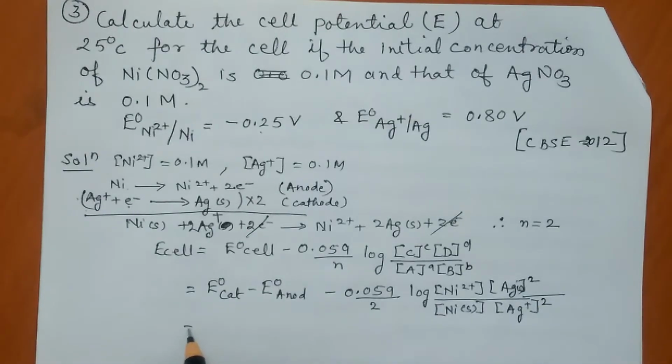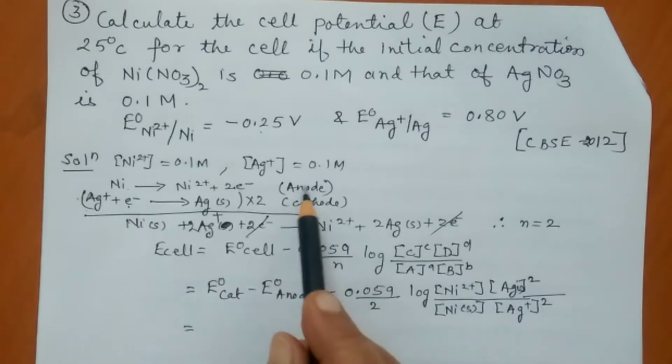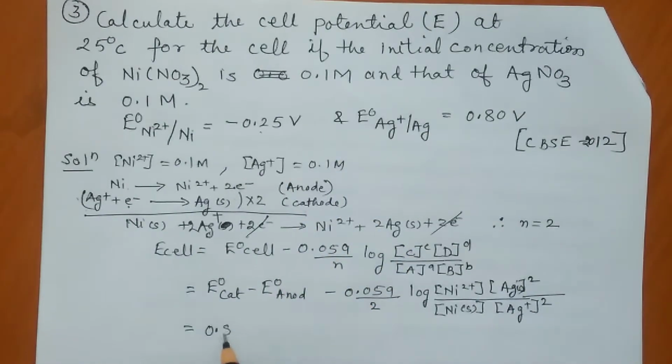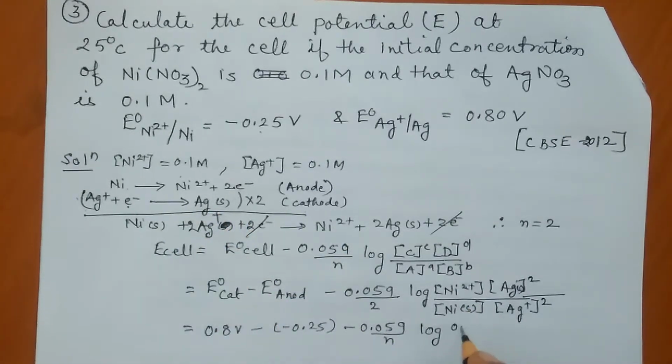So again we come back here. For the cathode, the value for silver is given as 0.8, so we will substitute 0.8 volts, minus for the anode it is given as minus 0.25, minus 0.059 upon n. Now for the log, the nickel concentration is given as 0.1, Ag we take as 1, nickel solid also 1, and Ag+ squared, the concentration will be 0.1 squared.